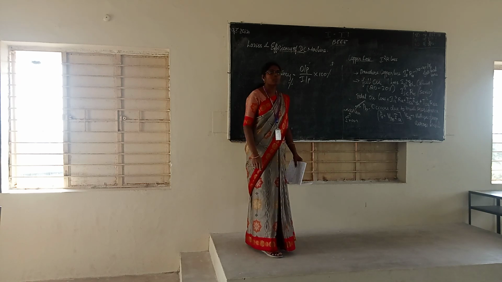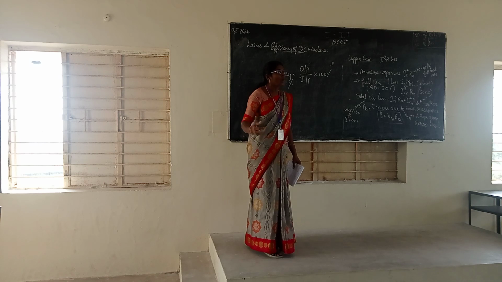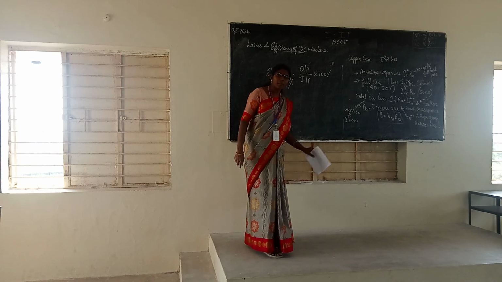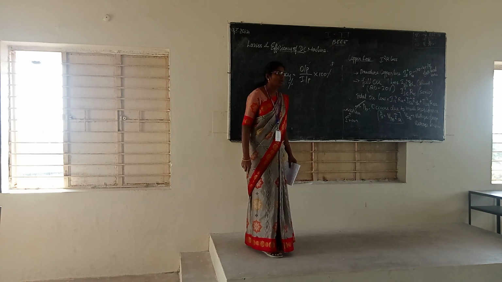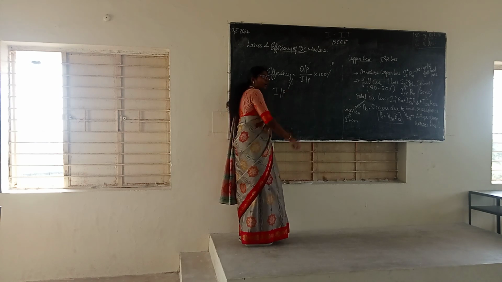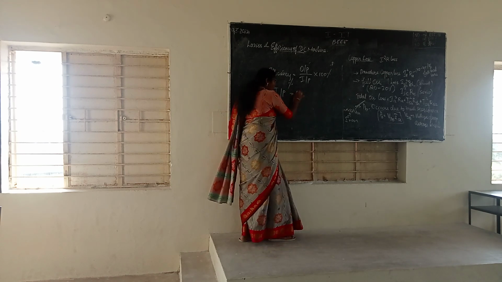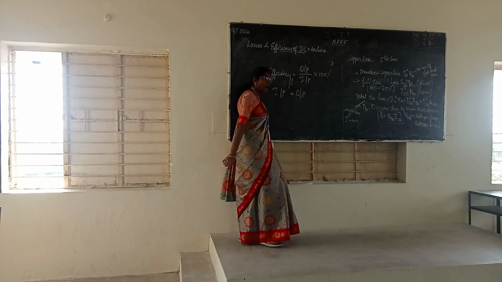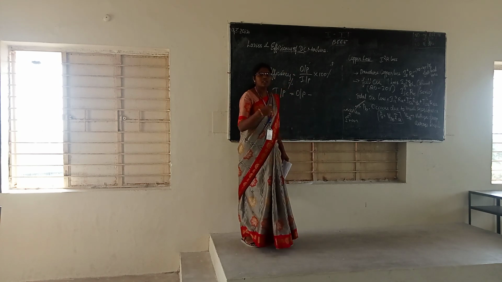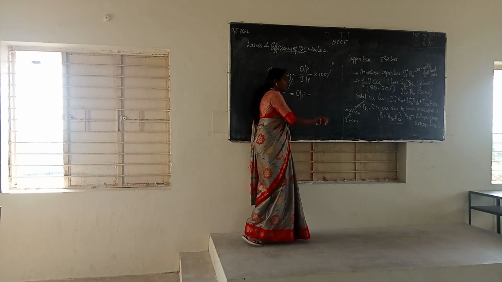You know what amount of power we are giving, and you come to know the output power. How to calculate the efficiency? Output divided by input into 100. Here, if I am giving an input power, some will come out as output, and some will be removed as losses.